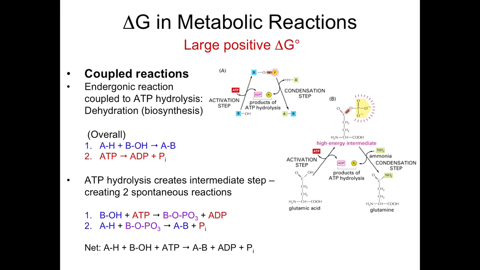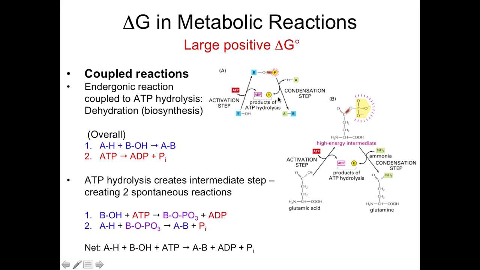Okay, biosynthesis requires energy, and so if the delta G is so high that just increasing the concentration of the reactants or decreasing the concentration of the products is not going to be enough to push it in the forward direction, and when this is the case, you have to couple reactions together. So when you couple reactions together, you have your desired reaction.